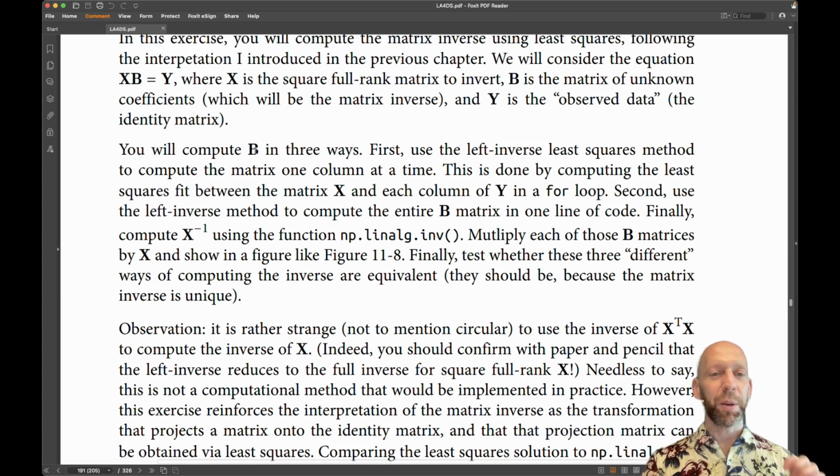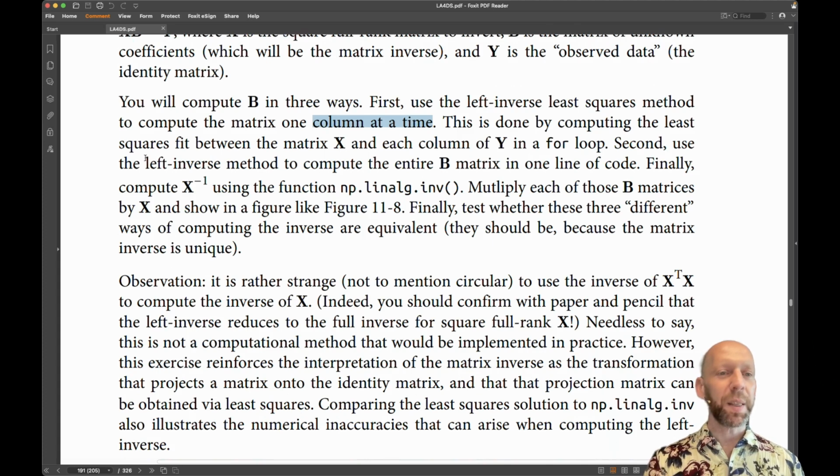I hope you found this a useful discussion when I introduced this concept earlier in the book chapter. So now what I want you to do is compute this matrix B in 3 ways. First, using the left inverse least squares method, and this you do in a for loop to compute Y one column at a time. If you're a little bit confused about how to approach that, then please consult earlier in the chapter where I go through this in more detail. Then use the left inverse method to compute the entire B matrix all at once, using matrix operations without a for loop.